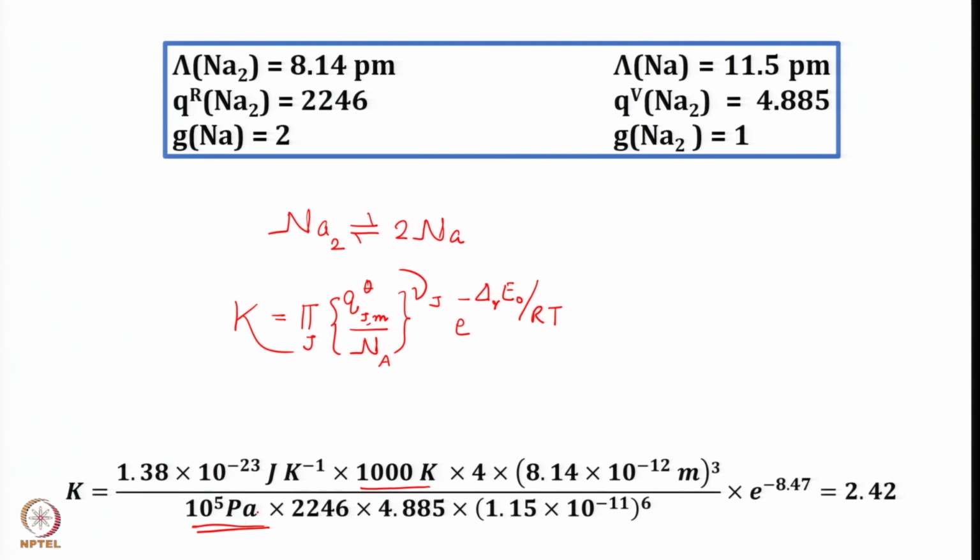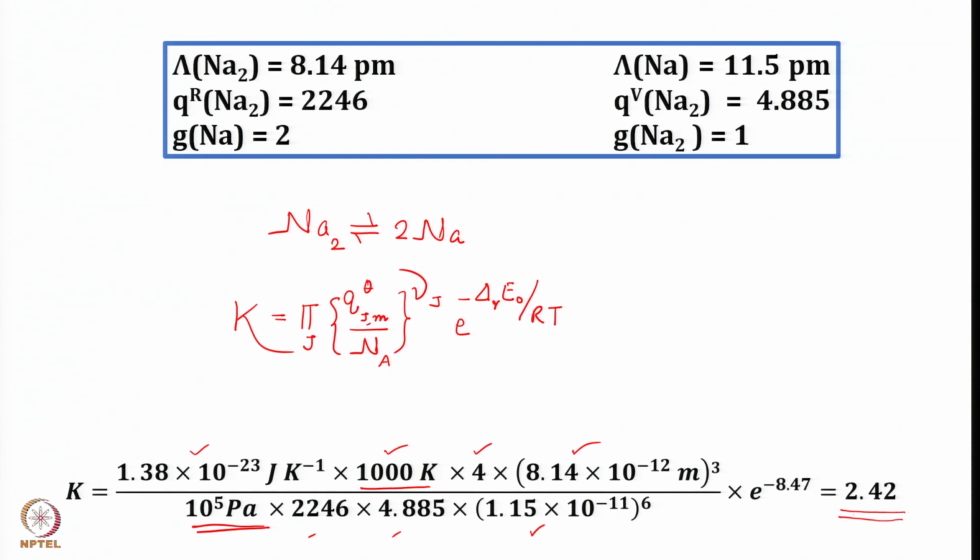Why you introduce Pascal is because it will take care of the units. All right. So you have Boltzmann constant, you have temperature, you have this degeneracy factor, you have this ratio of the thermal wavelengths, and then you have this rotational, and then you have vibrational contribution. Everything put together, you see at 1000 Kelvin the value is 2.42.